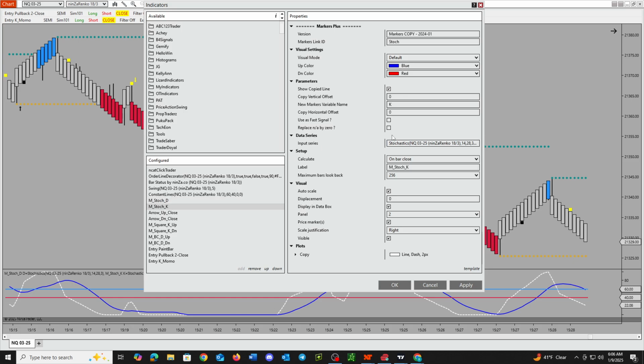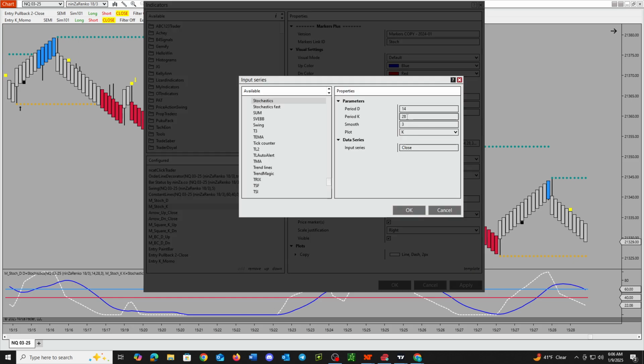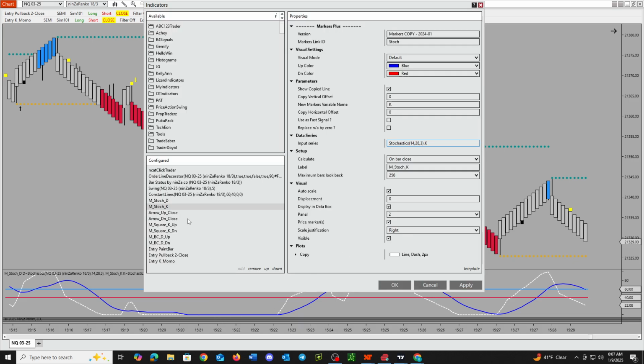And then for K, it's the same thing, 14, 28, 3, but here I've selected K. Both of those are in panel 2, and that's how it looks with the copied stochastics and the constant lines.